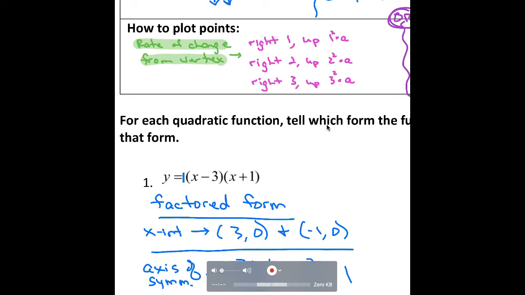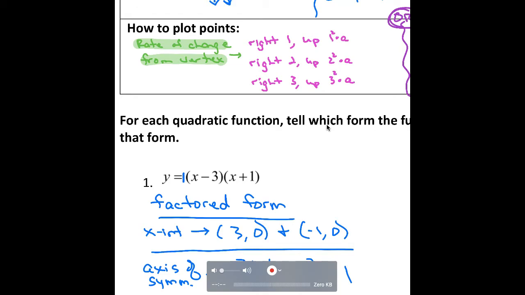If you go right 1, you're going to go up 1 squared times A. If you go right 2 units from the vertex, you're going to go up 2 squared times whatever your A value is. And if you go right 3 squares, you're going to go up 3 squared times A.